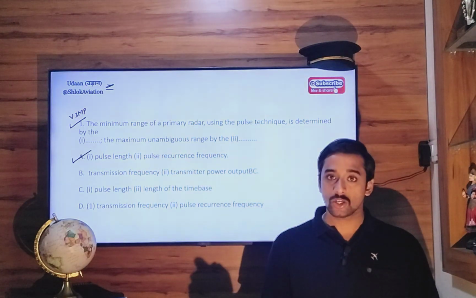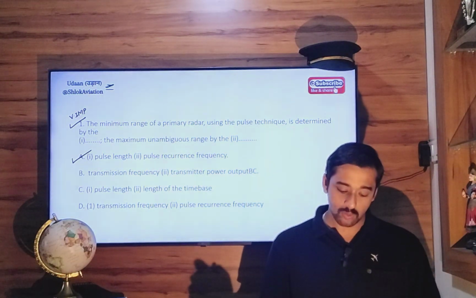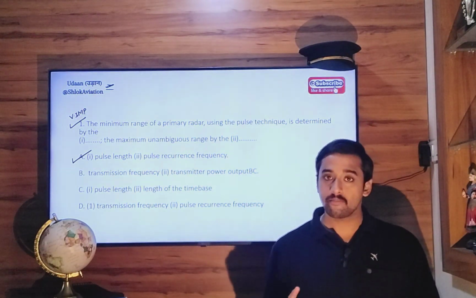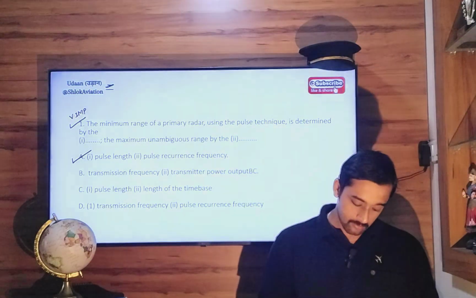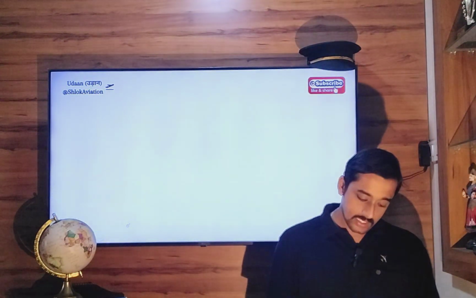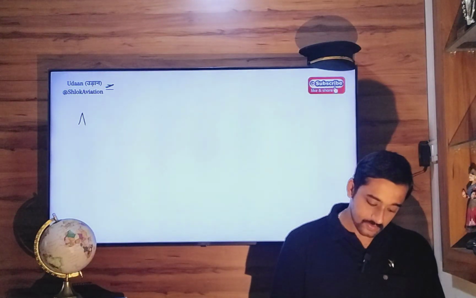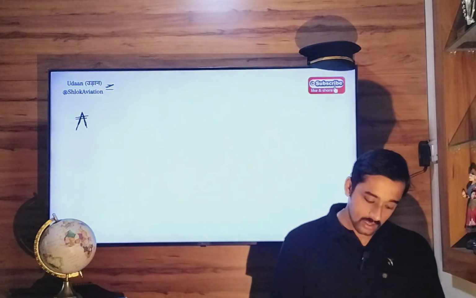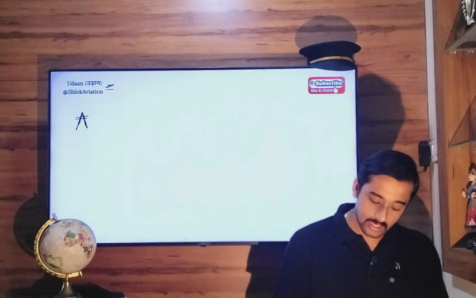So minimum range of a primary radar is pulse length. Maximum unambiguous range is by the pulse recurrence frequency. So remember, let's say this is your transmitter, and there is your aircraft.